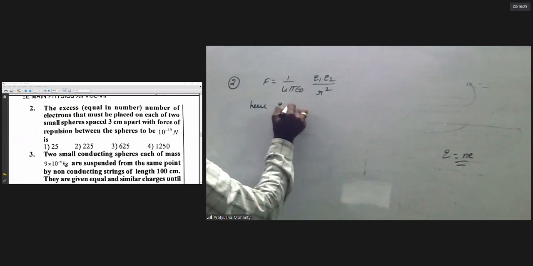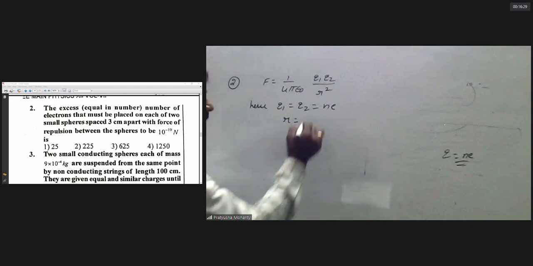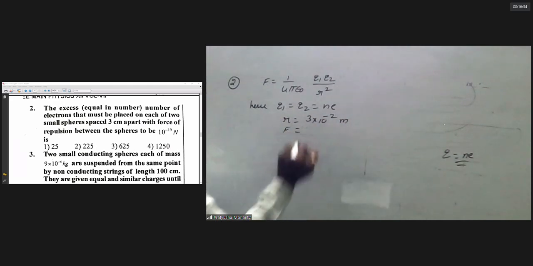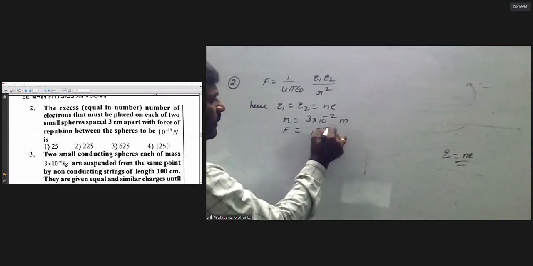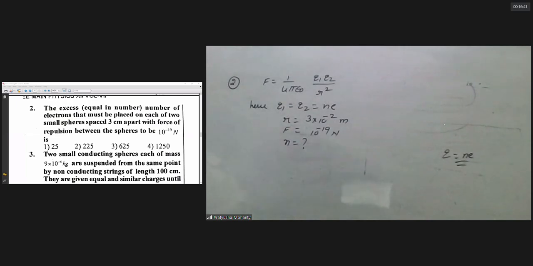Here Q1 equal to Q2 equal to ne and R equal to how much given? 3 into 10 power minus 2 meter. F equal to how much given? 10 power minus 19 Newton. So n value is the question. Find out. Very good. Proceed.